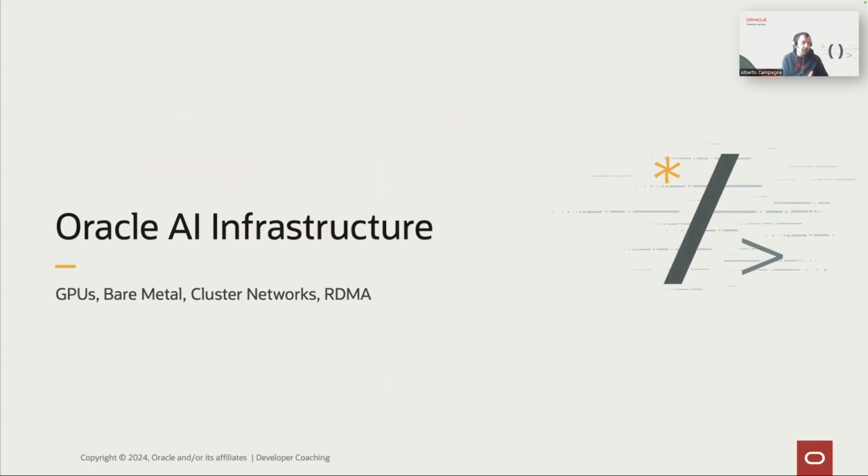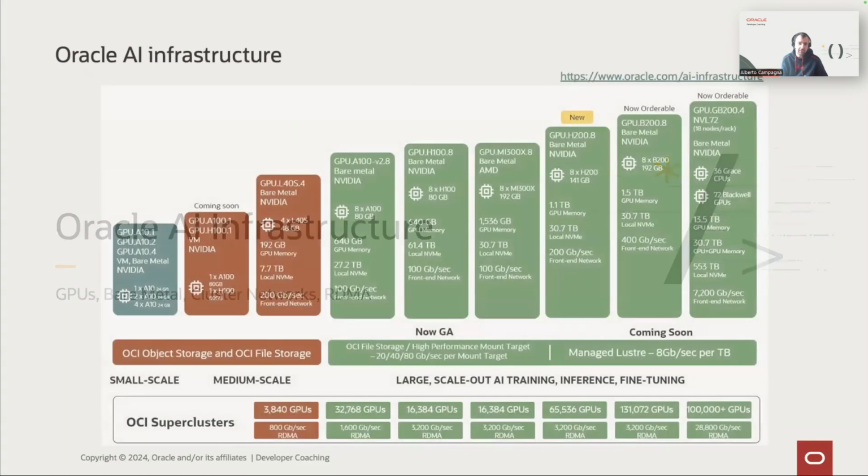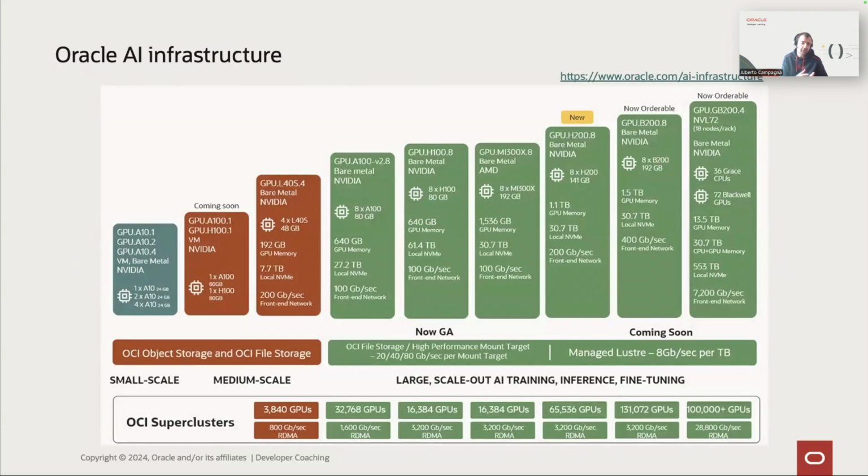So AI infrastructure is something a bit different than the classic infrastructure. The first thing we need to understand is that there are multiple GPU shapes available in OCI. In order to select one, it's important to understand the model size and complexity for the model that we need to deploy and train.